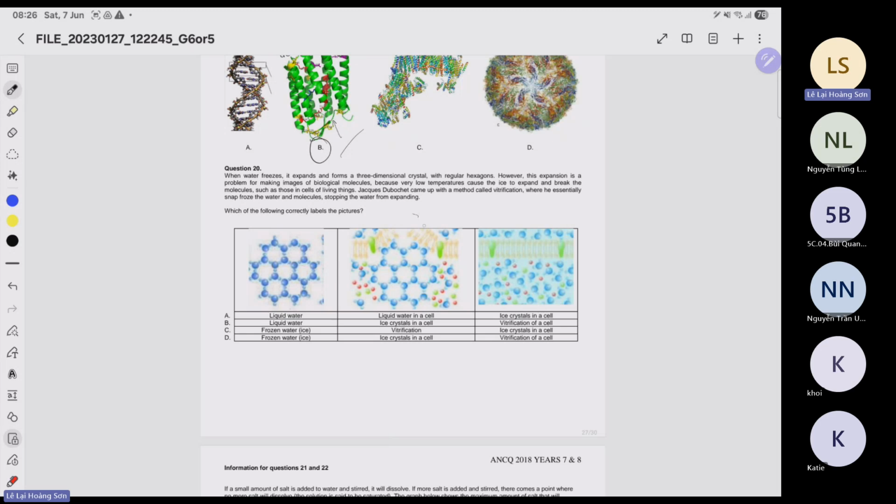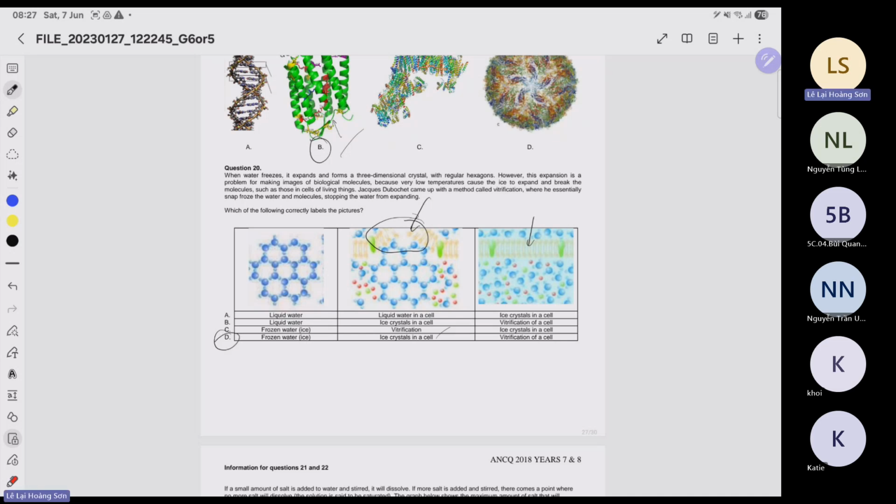You see here, this is when you have the break in the cell membrane. So that is basically the ice crystal in a cell. And the last one, you do not break the cell membrane anymore. And that is the definition of vitrification in the cell. You stop the ice from breaking the cells. So it's D. Moving on.